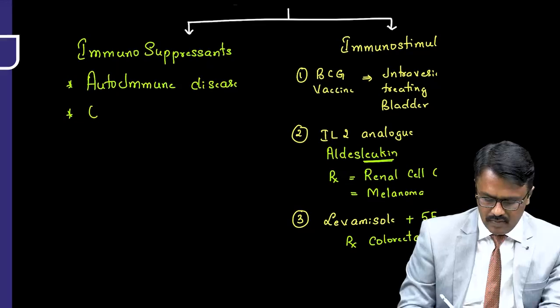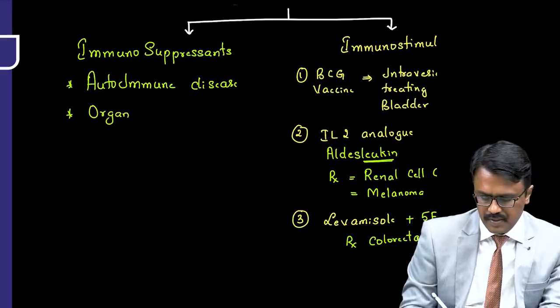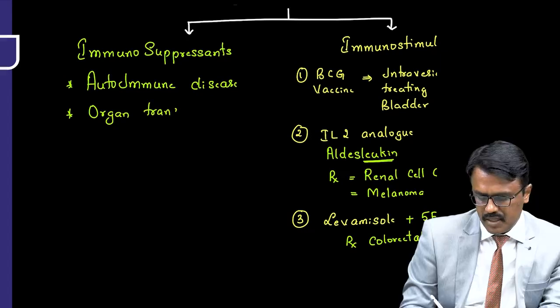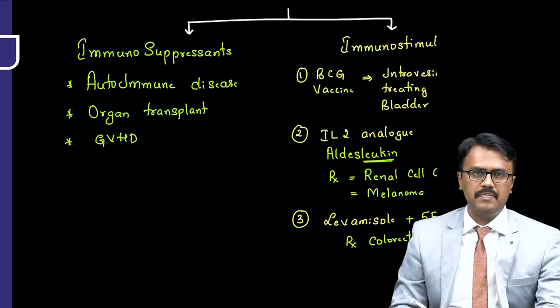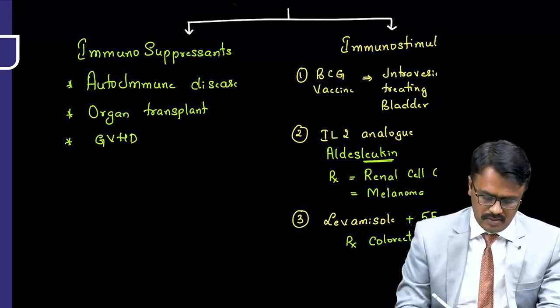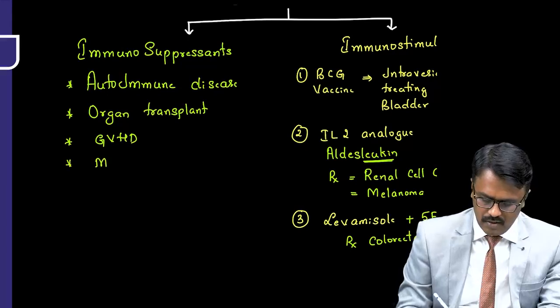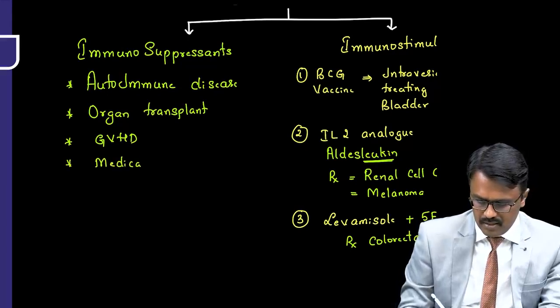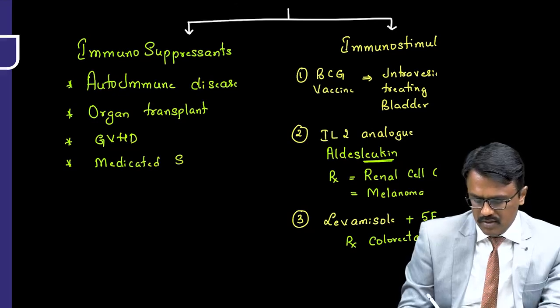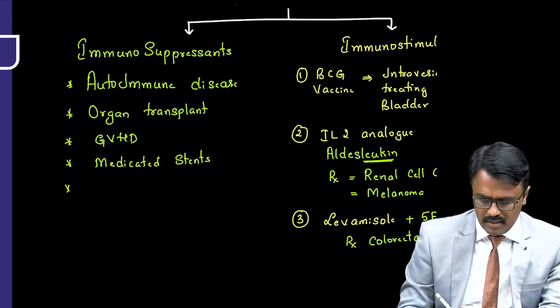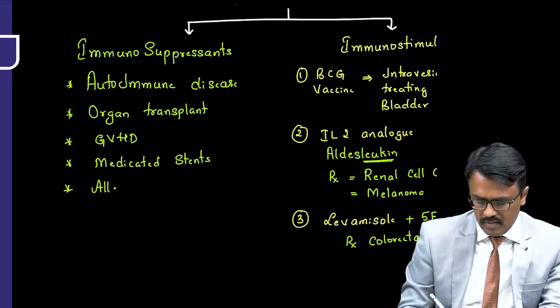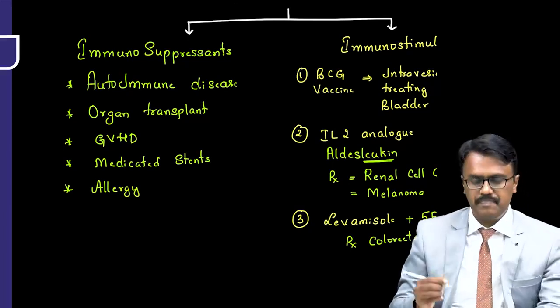Second is when you are transplanting an organ, organ transplant. Number three, where there is a disease called graft versus host disease. And when you are using medicated stents, then we have to suppress the immunity locally. Not only that, certain allergy, we also suppress immunity.